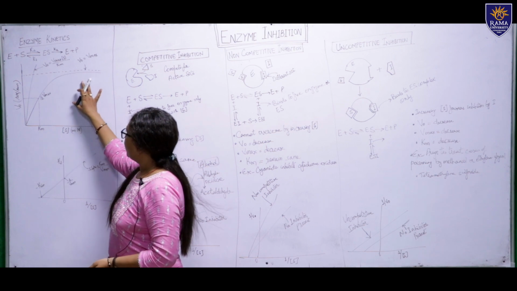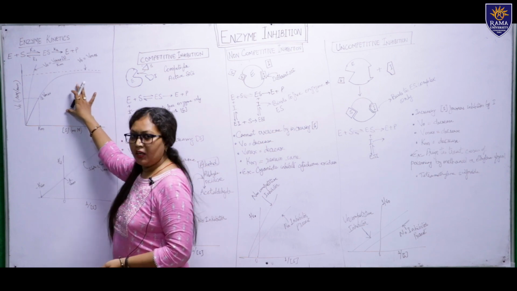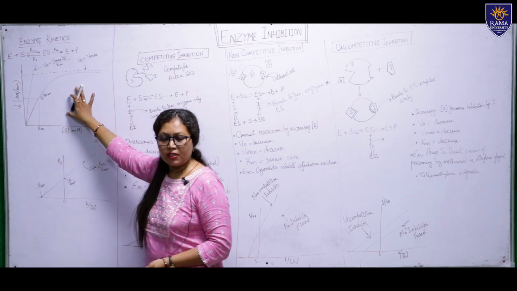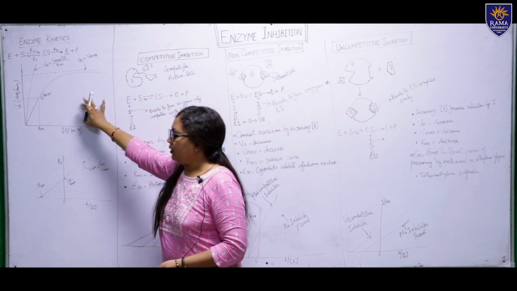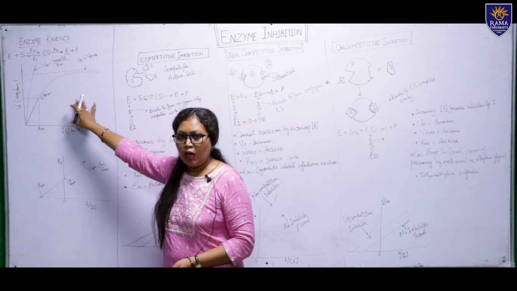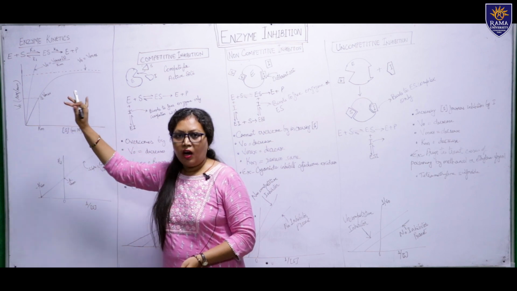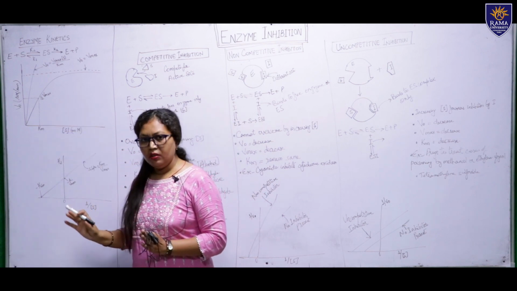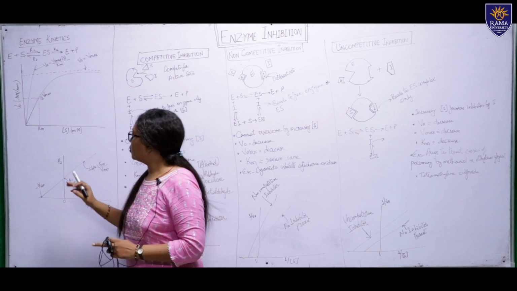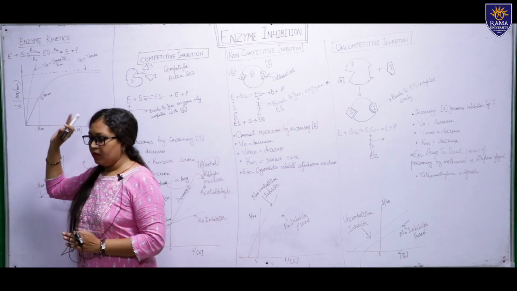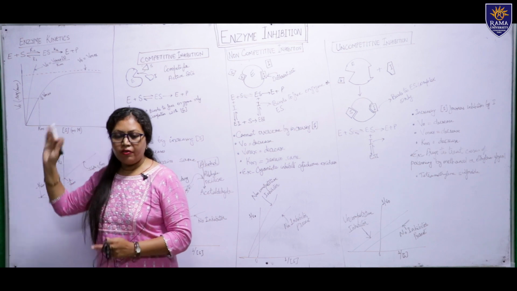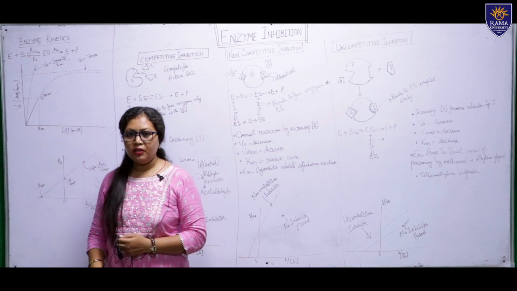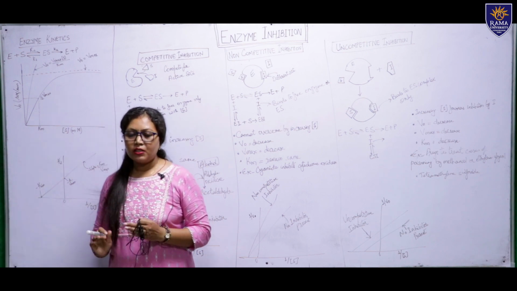So there were two scientists. This is called the Michaelis-Menten plot, with the help of which we can understand how the rate of a biochemical reaction can be measured. Simply, if we want to measure the speed of something, we can say what is the velocity.